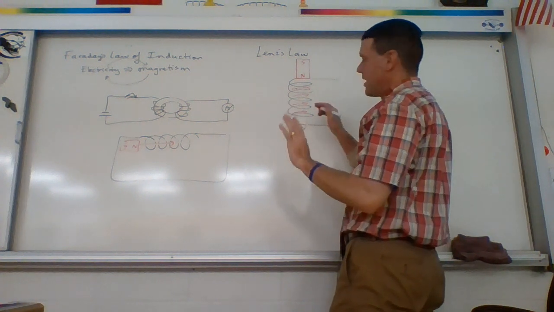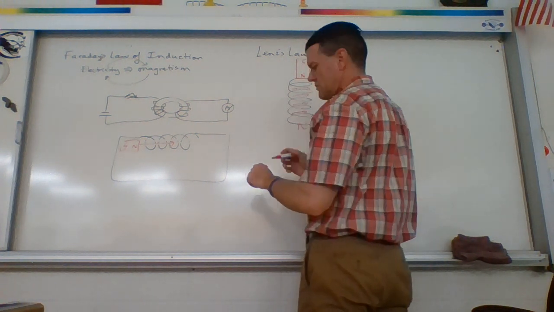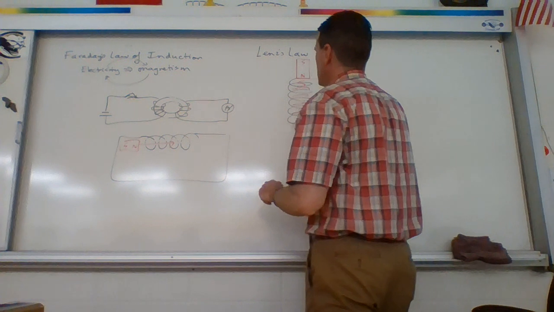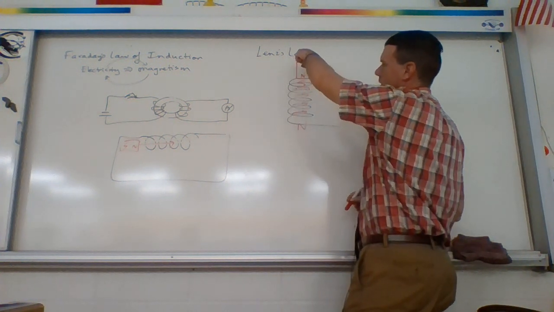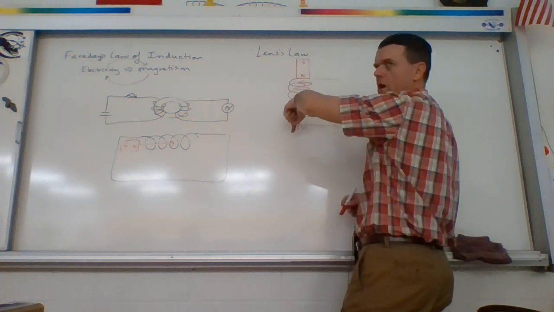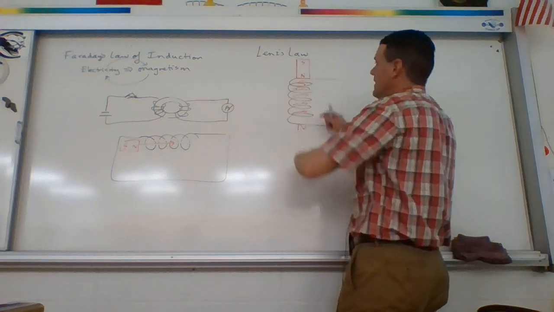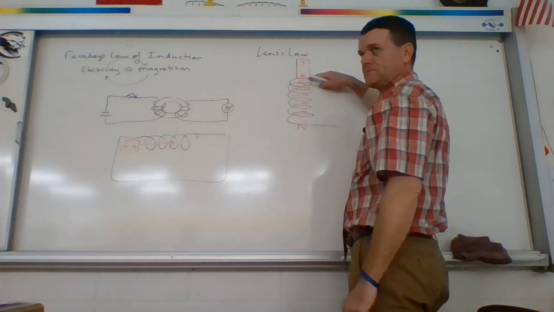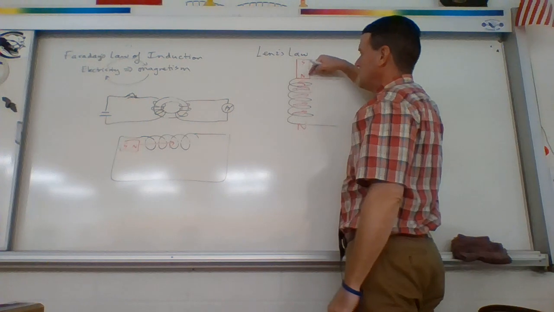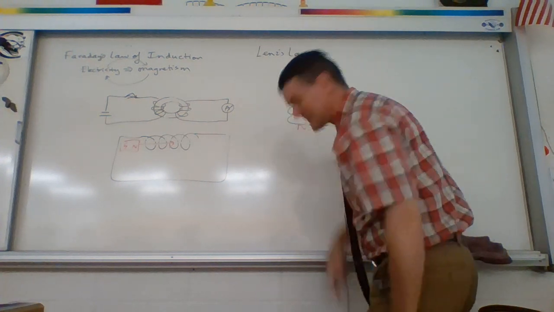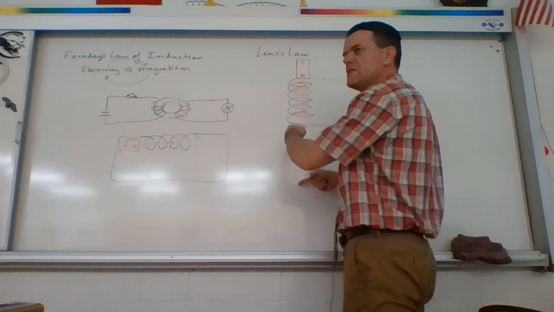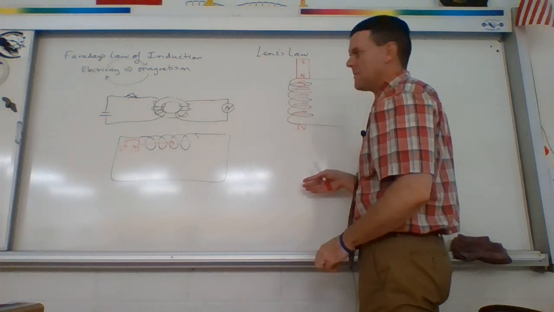So he says this is one possibility, but he recognized right away that there's a problem with this. If you were to drop a magnet into a loop of wire and this is what happened, there would be a traction here. This magnet would get sucked in and actually accelerate and be pulled into the loop of wire.